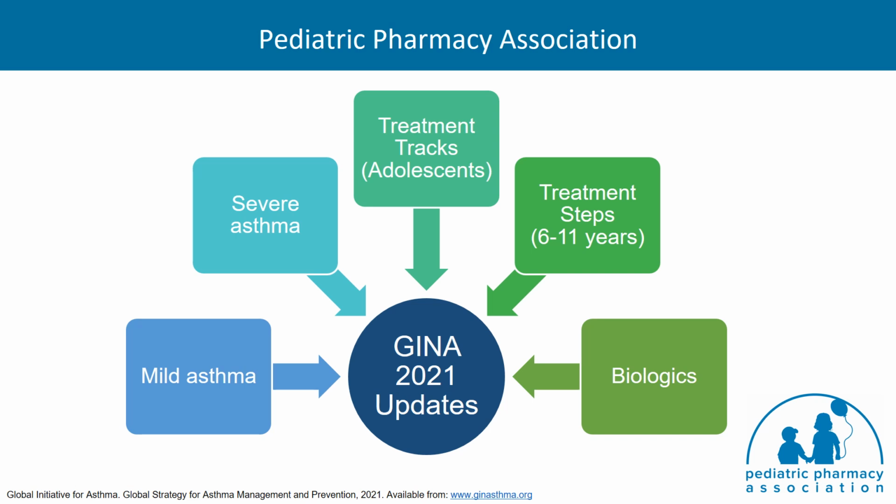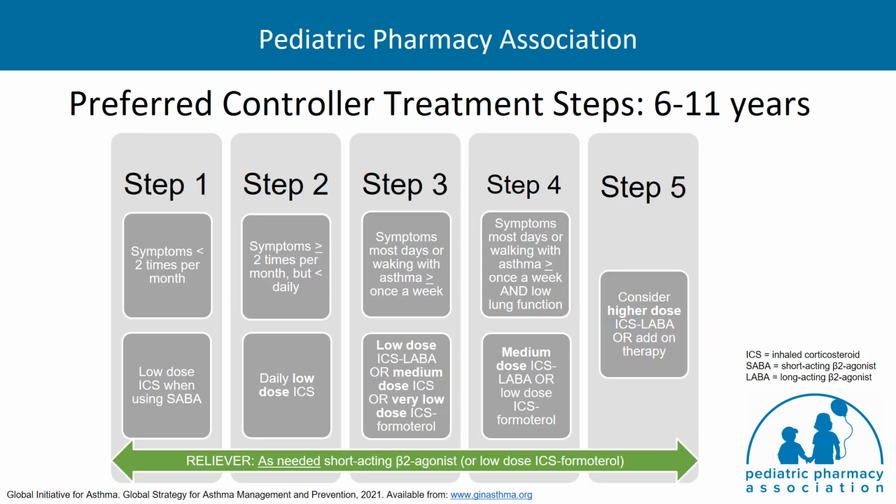Next are the updates for the 6 to 11-year-old treatment steps. GINA has updated these figures similar to the adolescent figures to include single maintenance and reliever therapy for the 6 to 11-year-olds. When looking at this chart, we see the preferred controller treatment steps for 6 to 11-year-olds.